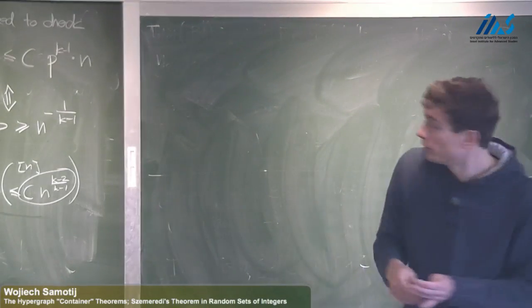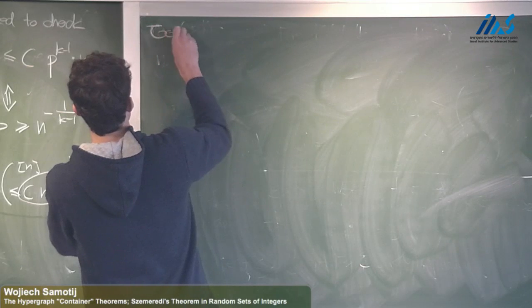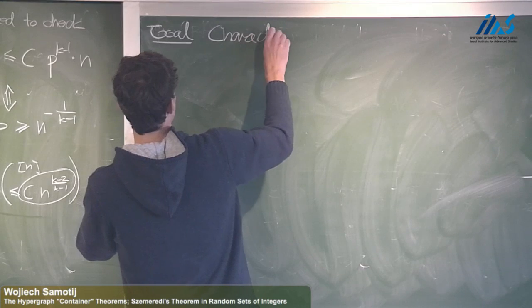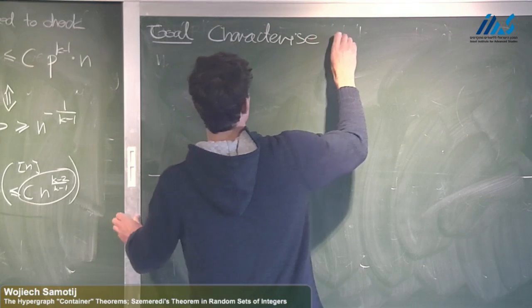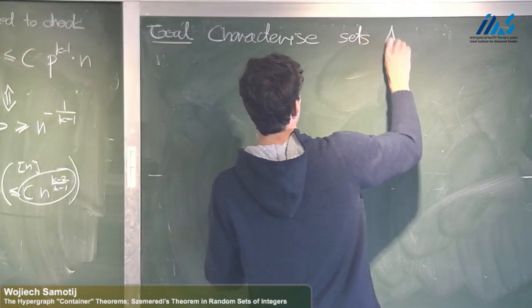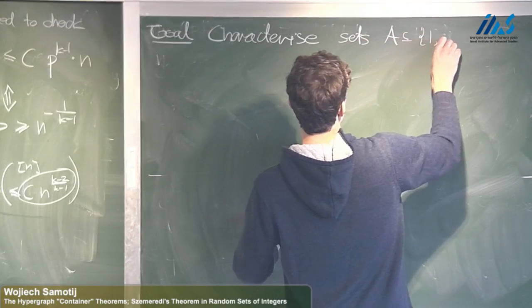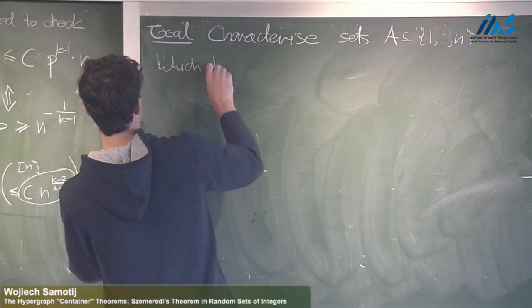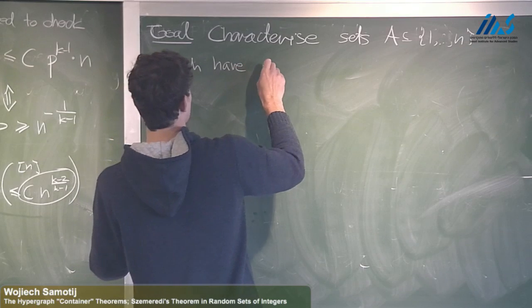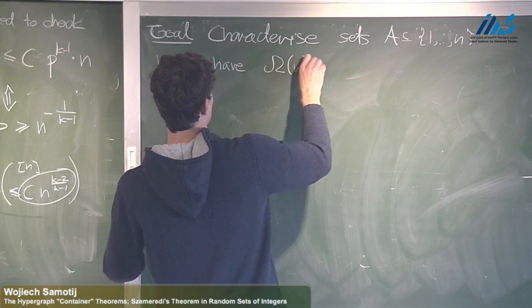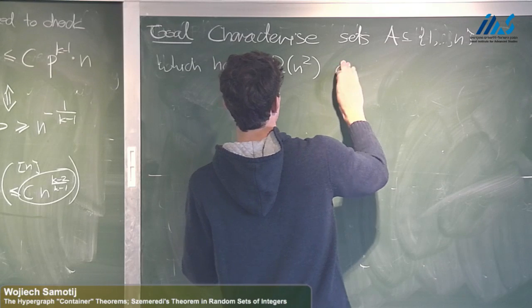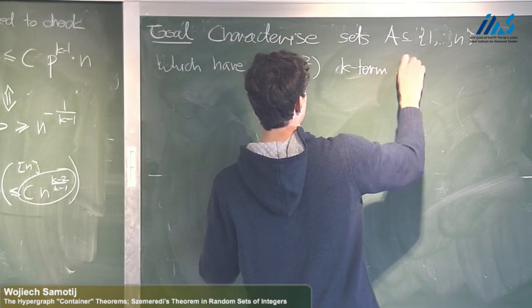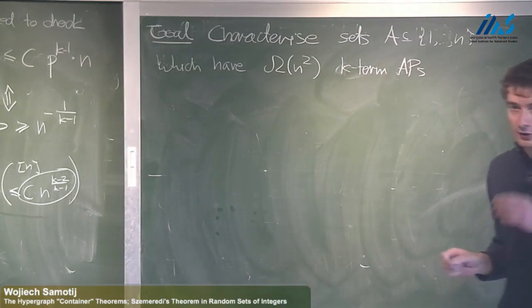So the goal is the following: characterize sets A in N which have little o of n squared K-term arithmetic progressions.